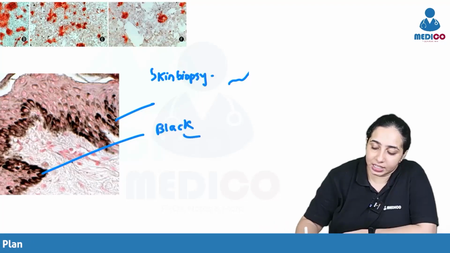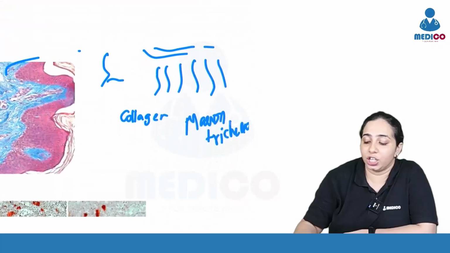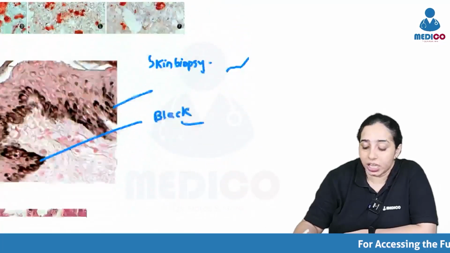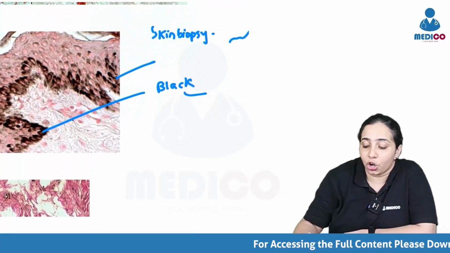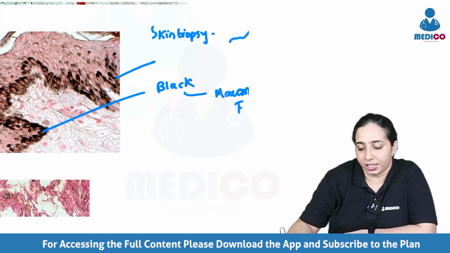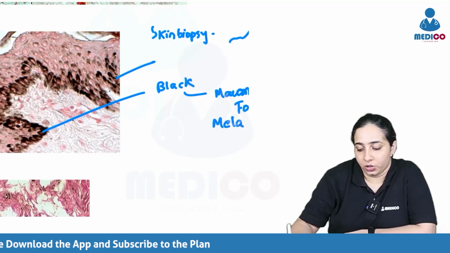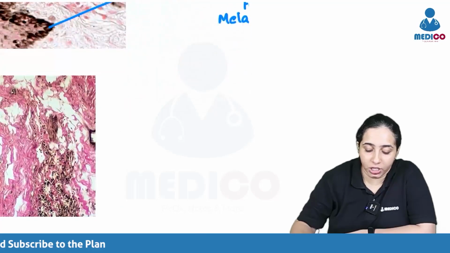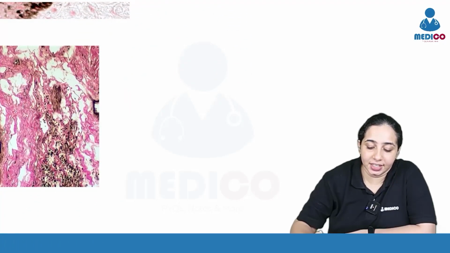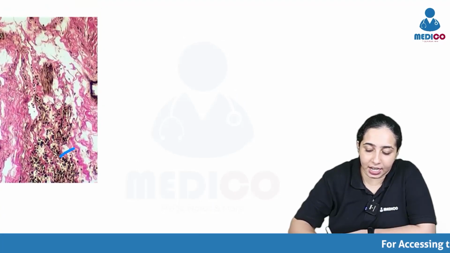So this black stain has been taken by melanocytes, and earlier I was telling you about Masson trichrome. So this is going to be your Masson Fontana for melanin.